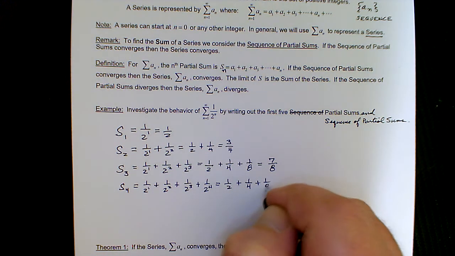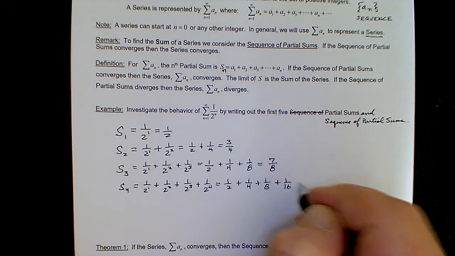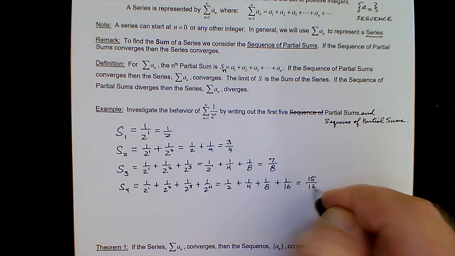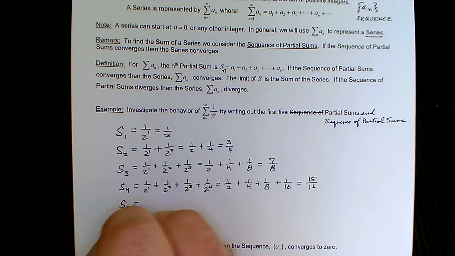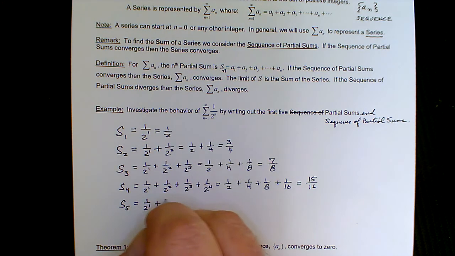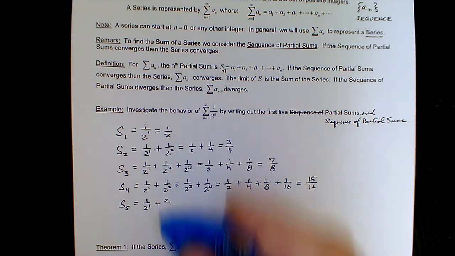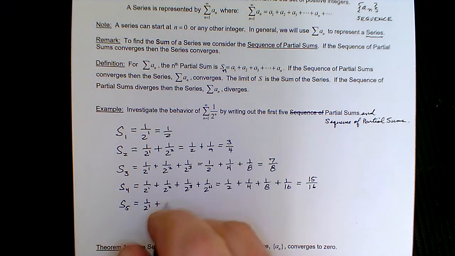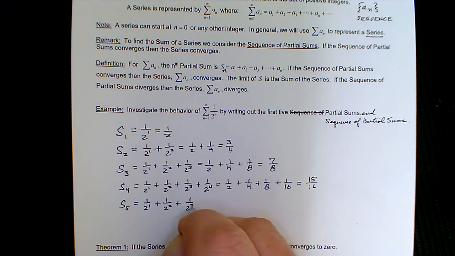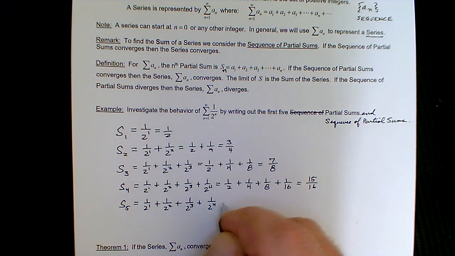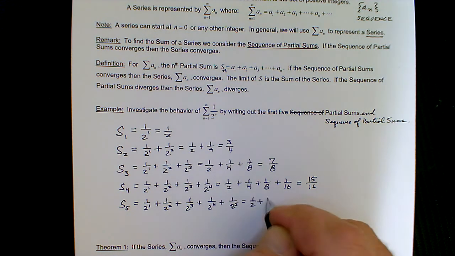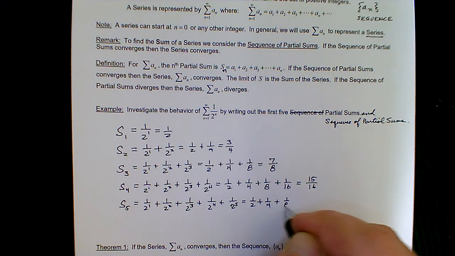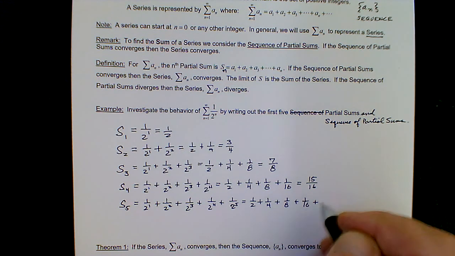And finally the fifth partial sum, the first 5 terms, so 1 over 2 to the first plus, you could really just add 1 over 2 to the fifth onto the last partial sum, right? But this is showing it formally. So there's the first 5 terms, and that's a half plus a quarter plus an eighth plus a 16th plus 1 over 32, which adds to 31 over 32.